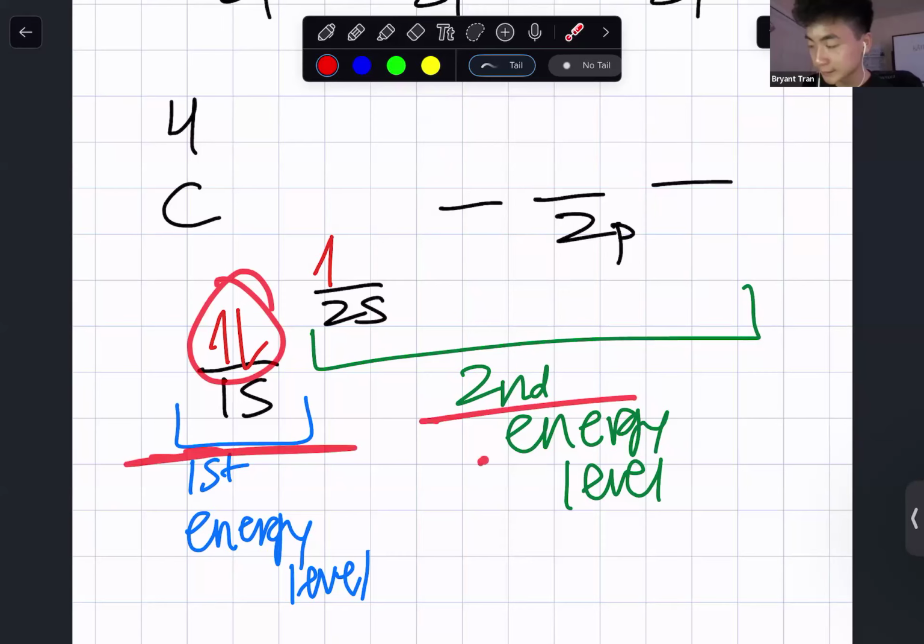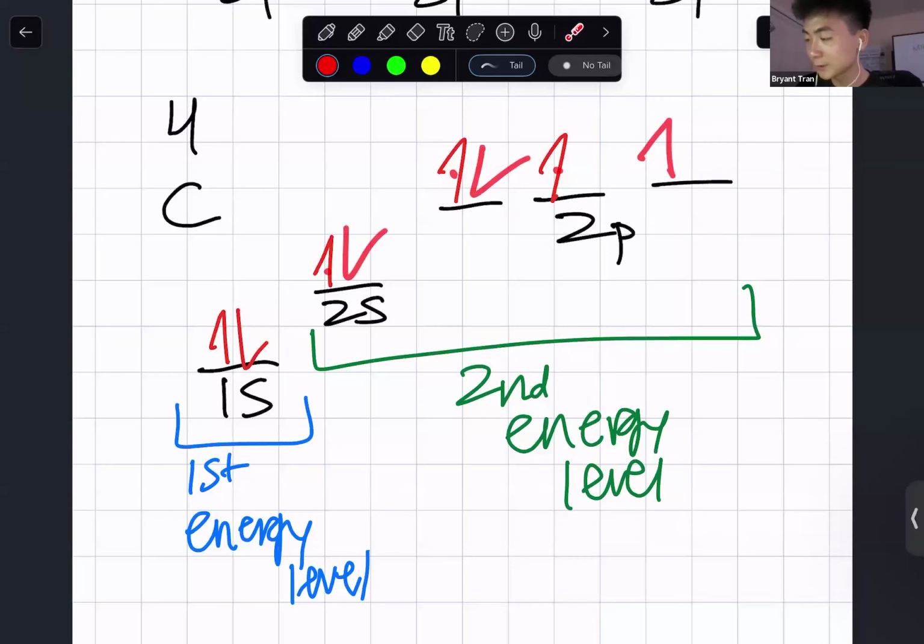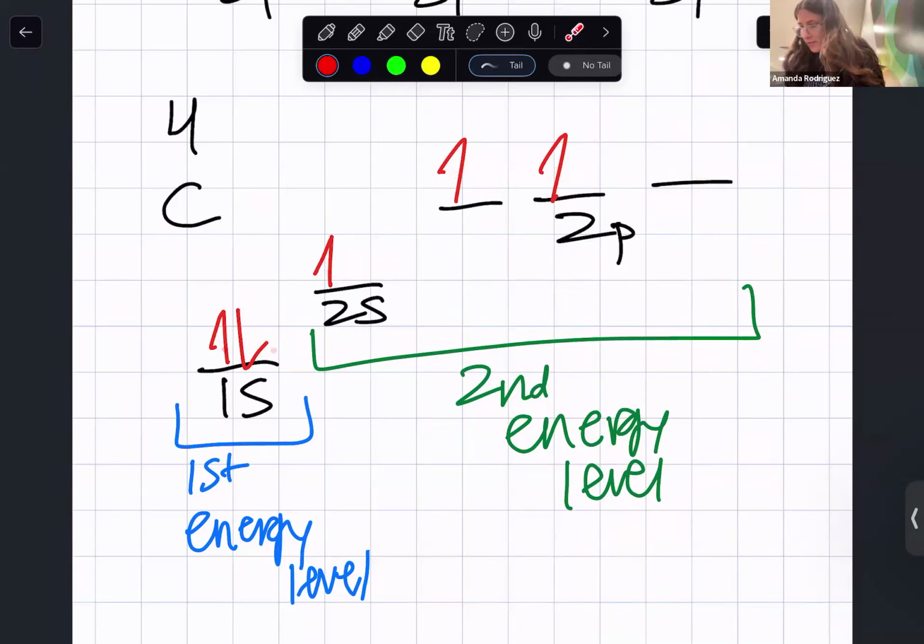Now when we move on to the second energy level, based on Hund's rule, we keep going until we fill it halfway, and then we fill up the other half. Every orbital in a sublevel is singly occupied before any orbital is doubly occupied.